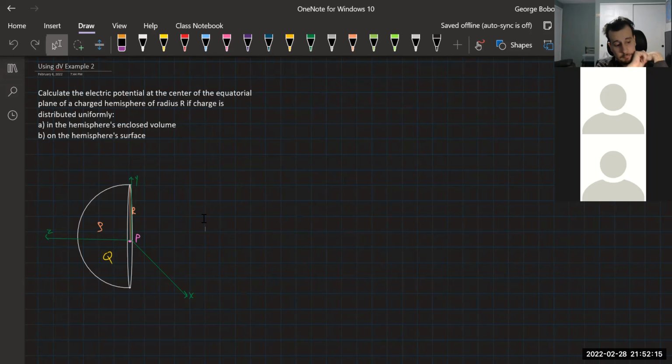So in this case, I would just have to go with the integral of dV, where dV equals kq over r, and you'd try to integrate that. Exactly. So in this case, dq would be, I guess, related to the radius.